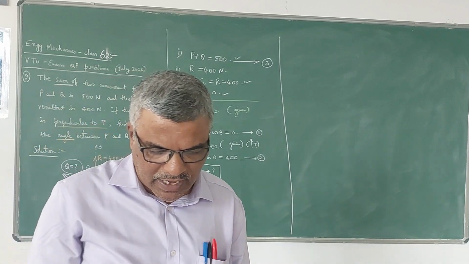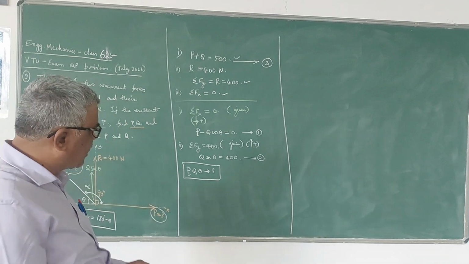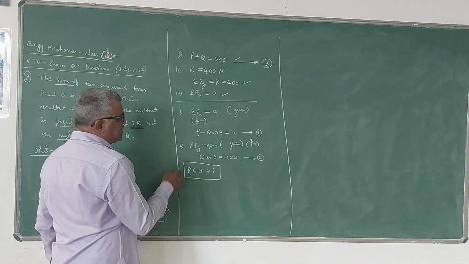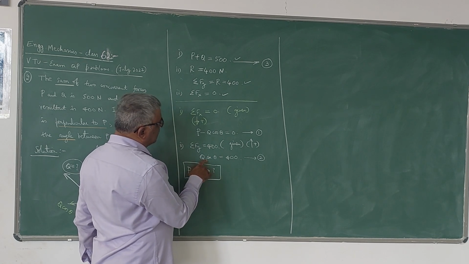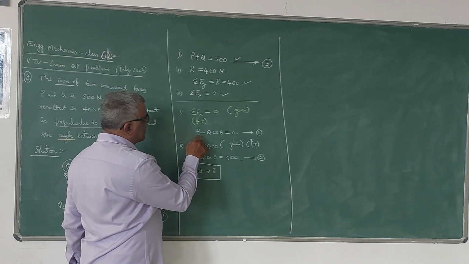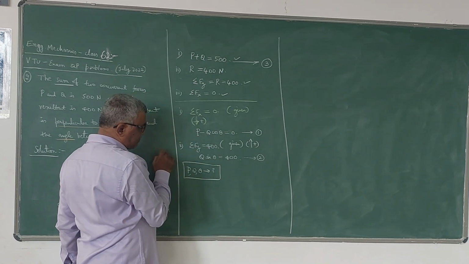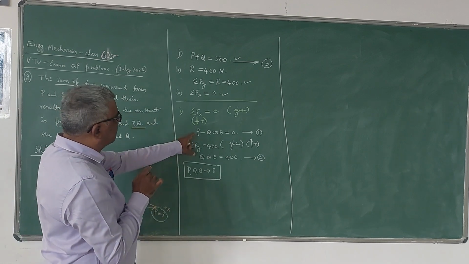Substitution method is the best method we can make use of. What I do here is, since this expression contains only the Q term, while here both P and Q are there, I will just substitute for P in equation 1.